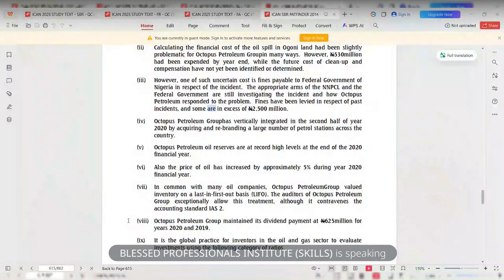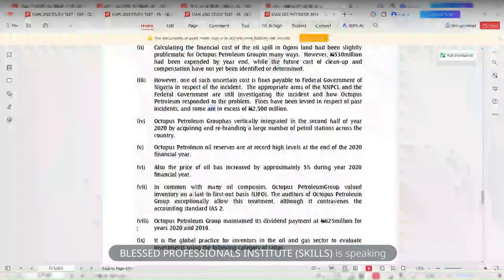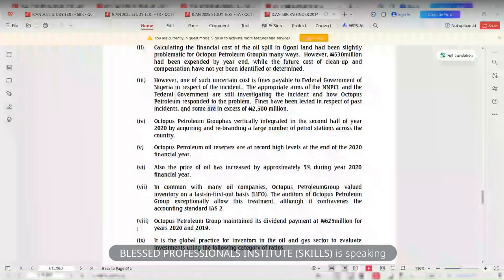So what is the use of resources of our financial position? We are trying to analyze the efficiency ratios now. The inventory turnover has reduced significantly, which has contributed to the stability of the current ratio. The high level of oil reserve will be a major reason behind this and aligns with higher oil price, which will be reflected in more inventory because of the use of LIFO. As he said the other time, they now have more inventory in their custody as a result of embracing last in first out.